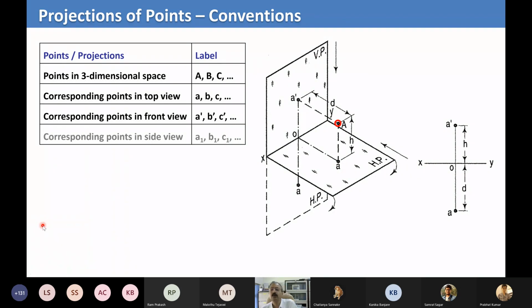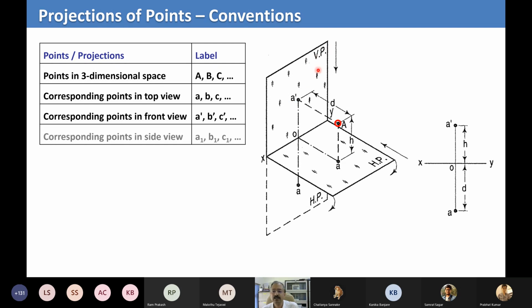Thank you very much. What I'm saying is we are talking about point A. Its projection in the horizontal plane will be denoted by small a, and its projection in the vertical plane will be denoted by A dash. In other words, point A is denoted by a in the top view, which is the horizontal plane view, and is denoted by A dash in the front view, which is the vertical plane view.